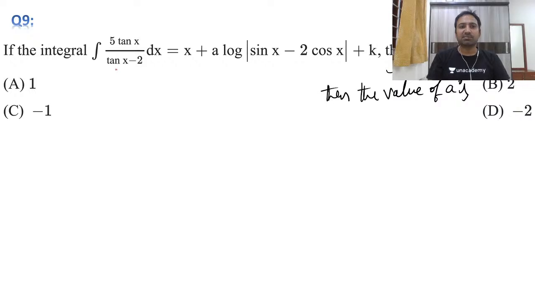Integration of 5 tan x by tan x minus 2. So clearly we can see here the answer is in sin x and cos x. So one method is to convert everything in terms of sin x and cos x and get the answer. Whatever substitution you want to take, you can take it.